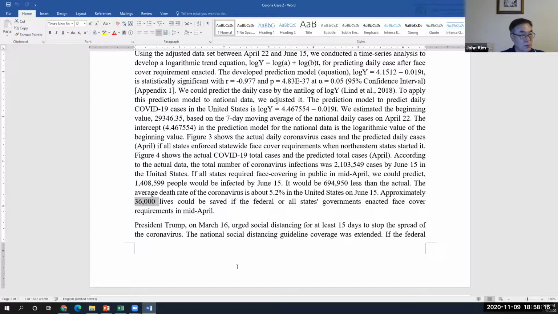Then in New York, Columbia University forecasted about 30,000. So it's a similar calculation.